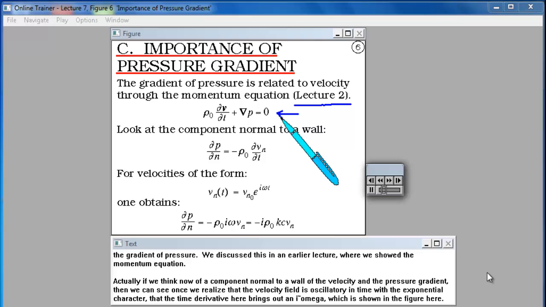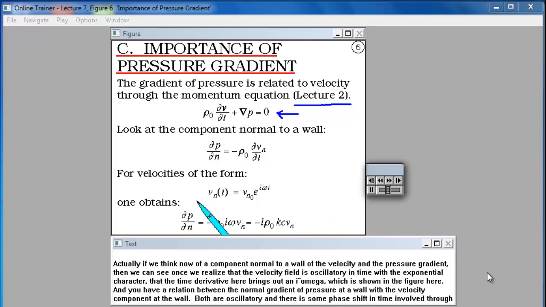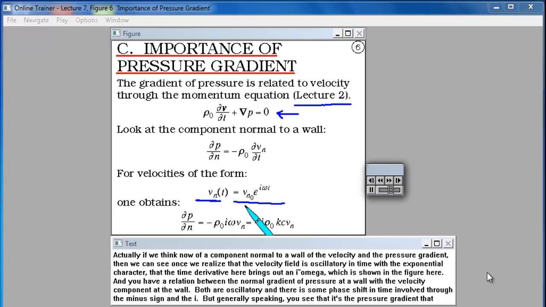Actually, if we think now of a component normal to a wall of the velocity and the pressure gradient, then we can see, once we realize that the velocity field is oscillatory in time with the exponential character, that the time derivative here brings out an I omega, which is shown in the figure here.